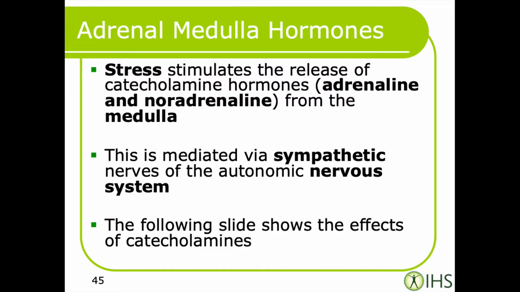So that's cortisol. Now we will look at adrenaline and noradrenaline. They are released from the medulla, and this is mediated via the sympathetic nerves of the autonomic nervous system.